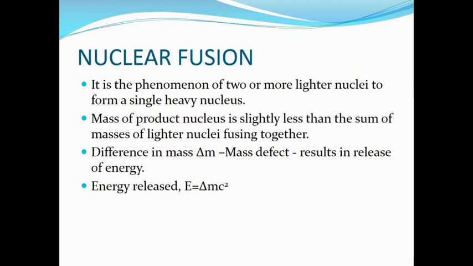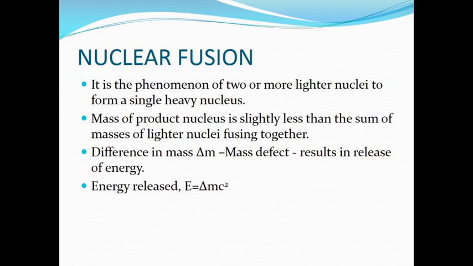So why do nuclei undergo a fusion reaction? We know that we had studied it in the binding energy curve. For nuclei with a low mass number, in order to attain maximum stability, they have to increase their mass number so that they can reach the region of greatest stability, that is near iron.